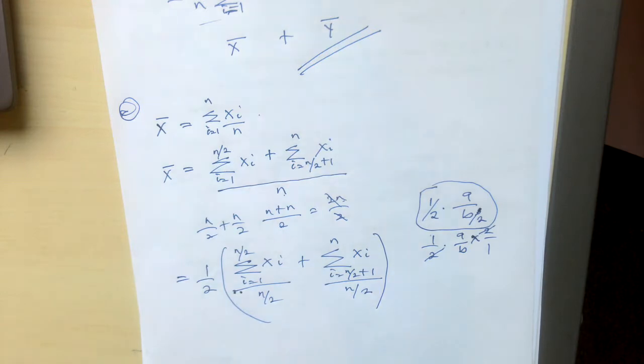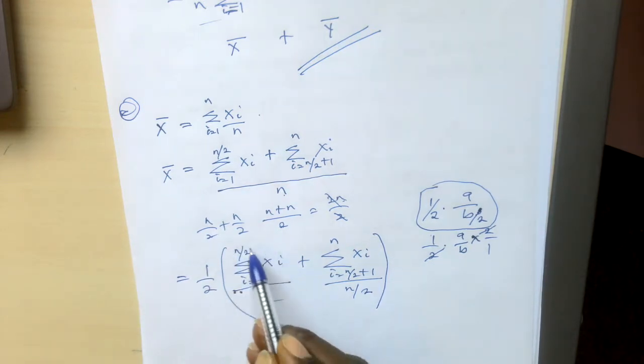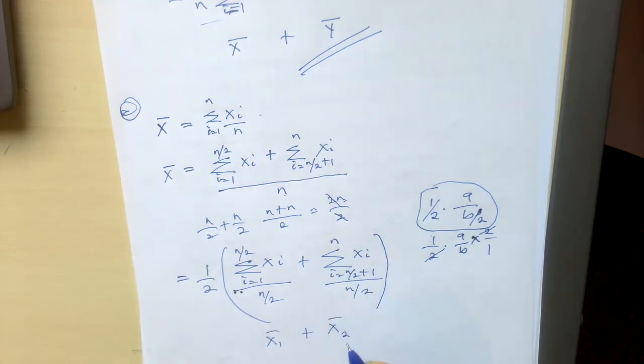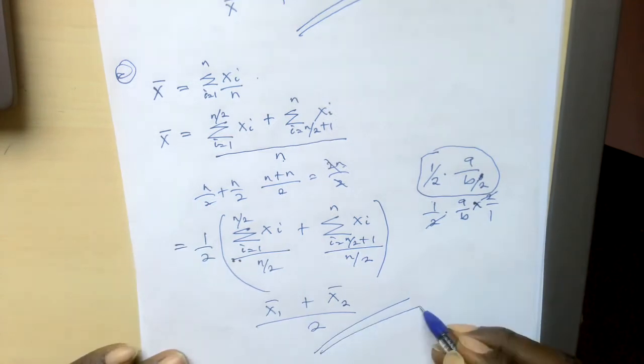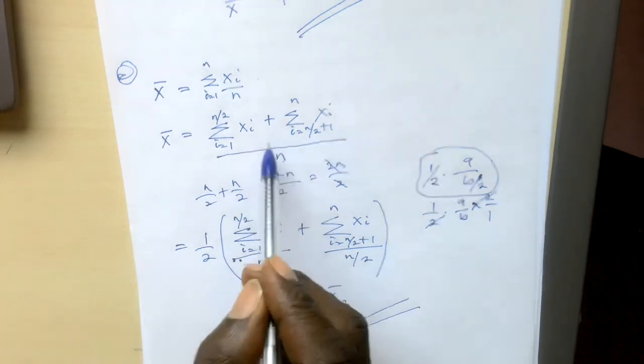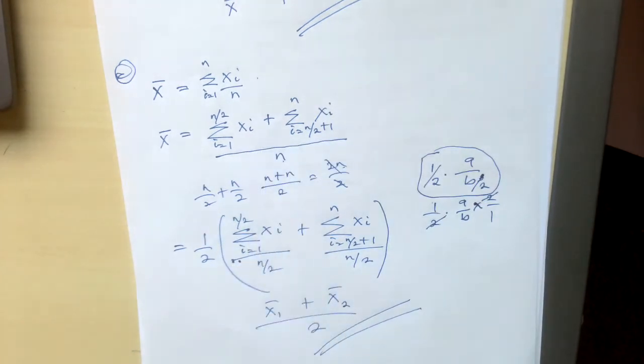Having done that, you find that this is the mean of x1, and this is the mean of x2, each times half. So that is proved. It's very straightforward, actually, just manipulating this equation.